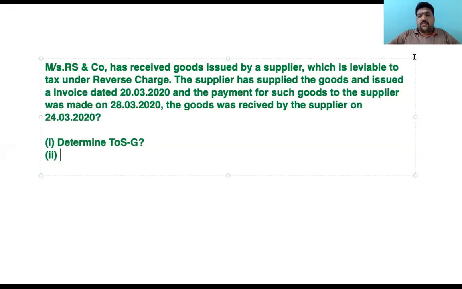Italic 1, a straight through simple question, which says, RS & Co. has received goods issued by a supplier, which is leviable to tax under reverse charge. The supplier has supplied the goods and issued an invoice dated 23/2020, and a tax payment for such goods to the supplier was made on 28/3/2020.